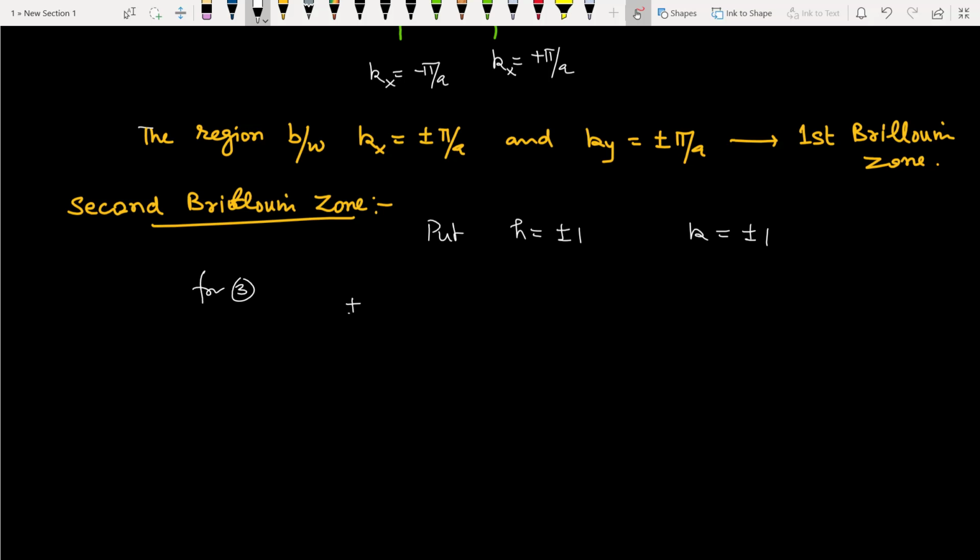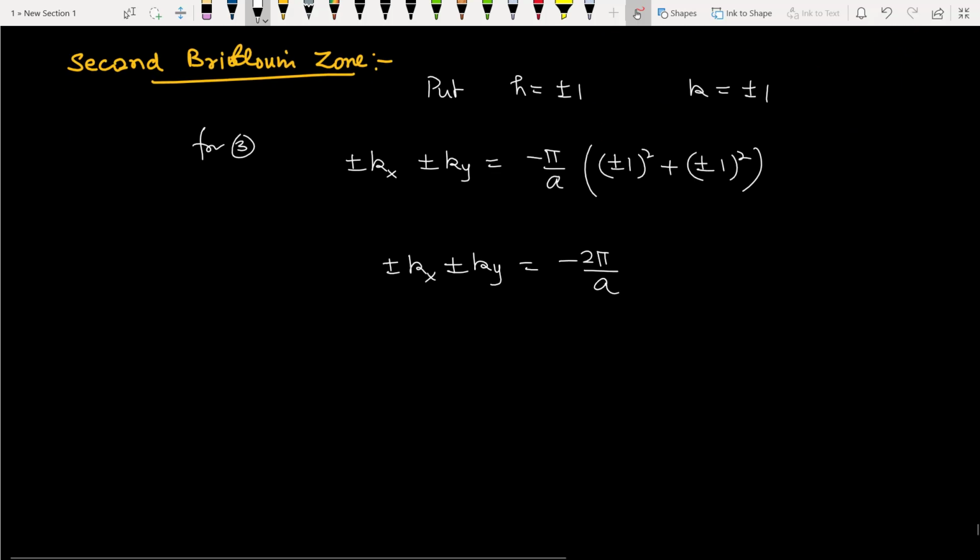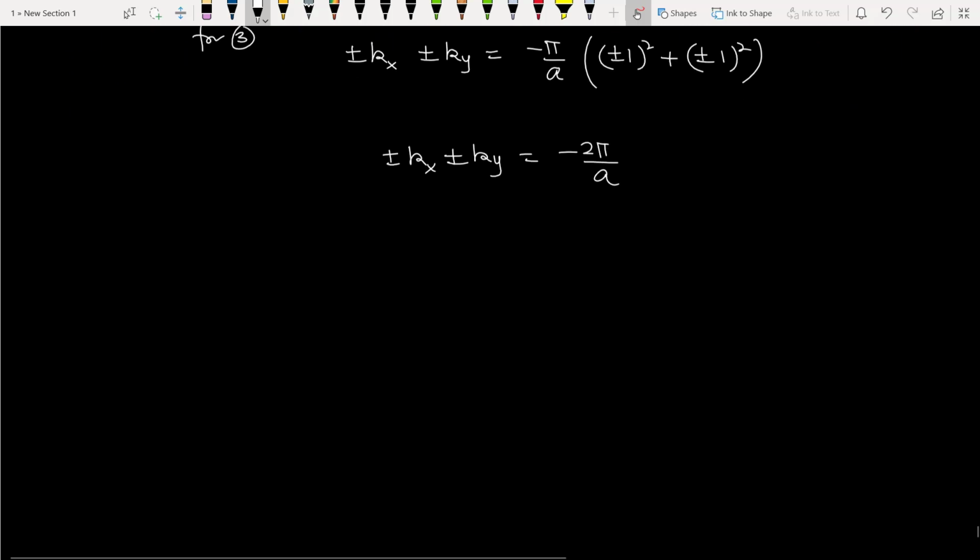So from equation 3, it is plus minus kx plus minus ky, which is equal to minus pi by a times plus minus 1 square plus minus 1 square. So it will be plus minus kx plus minus ky equal to minus 2 pi by a. So it will give us 4 equations.